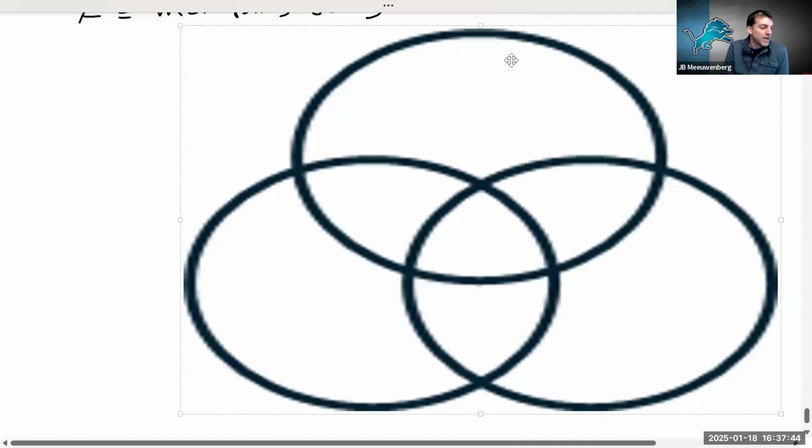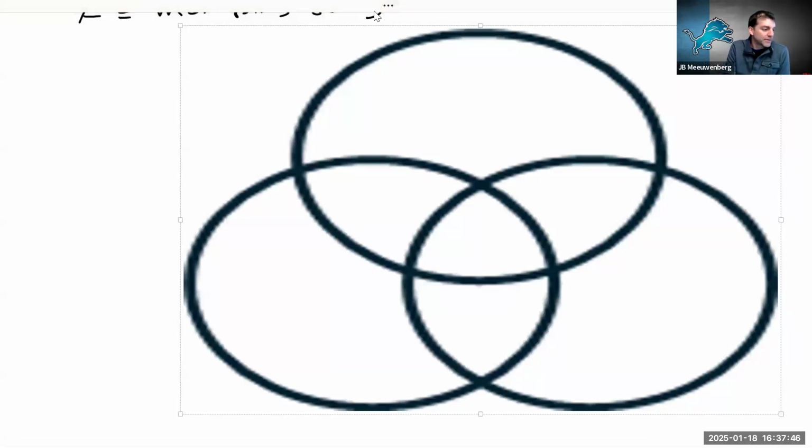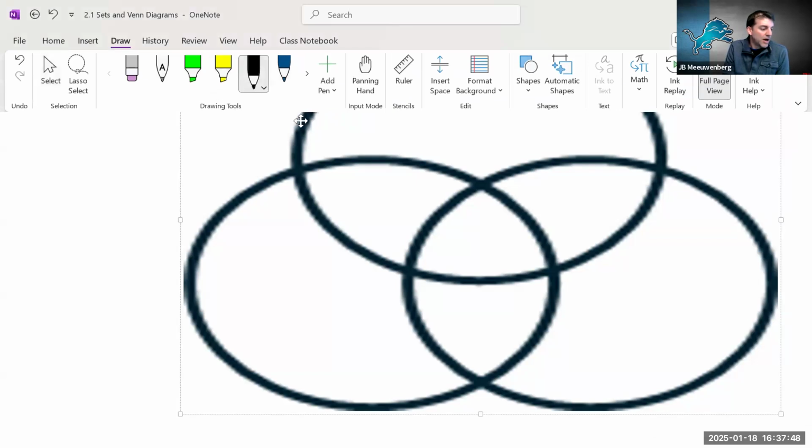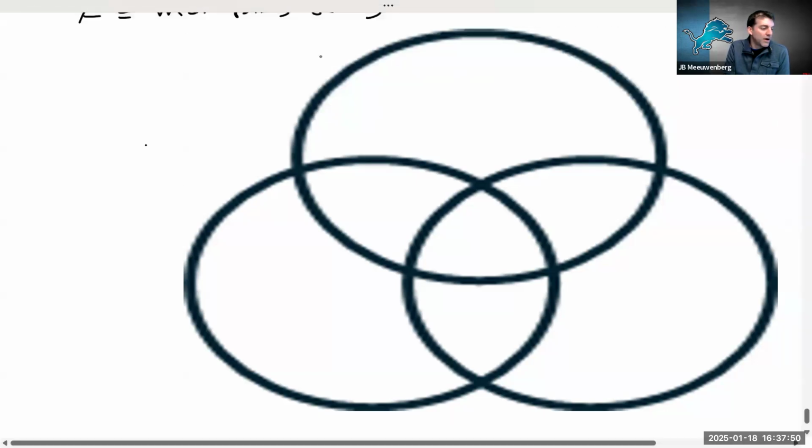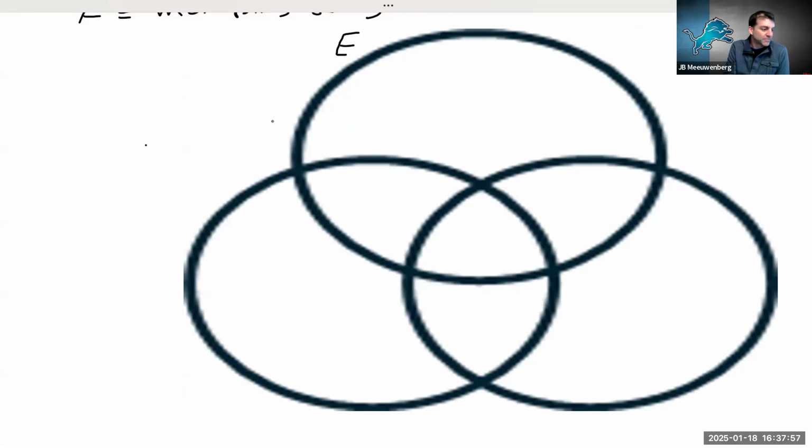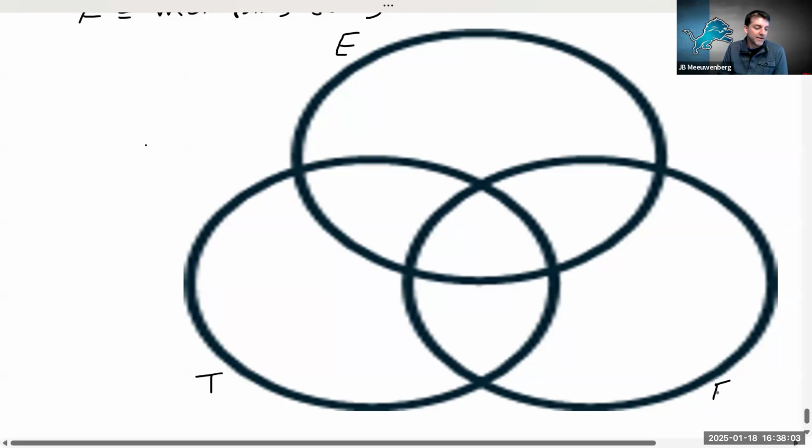So what I'm going to do is, we have set, what did I say? Set E. So we're going to put E here, set T here, and set F here, right? And anywhere outside of that, again, we consider the universal set.